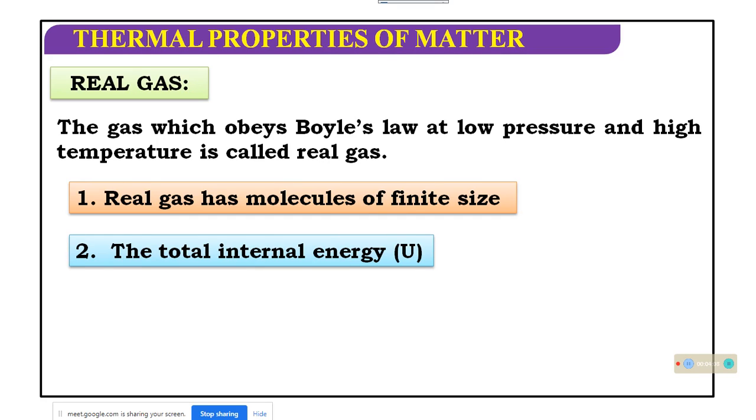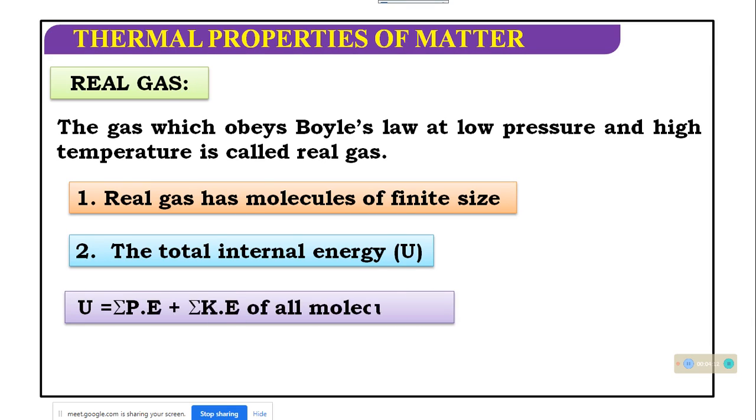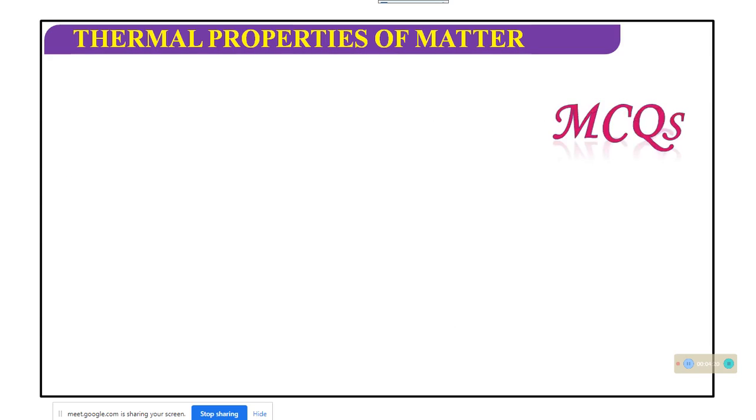The total internal energy U equals the sum of potential energy and kinetic energy of molecules.